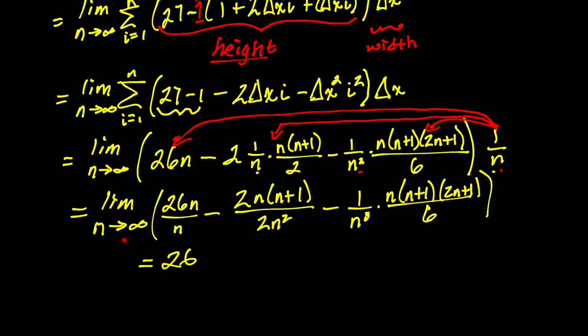I'm just using my knowledge of leading coefficients when n's going to infinity. So I'd have an n squared on the top and an n squared on the bottom. The leading coefficients, 2n squared and 2n squared, the ratio of 2 to 2 is just 1. So minus 1.